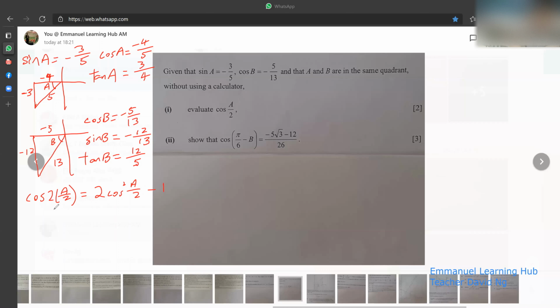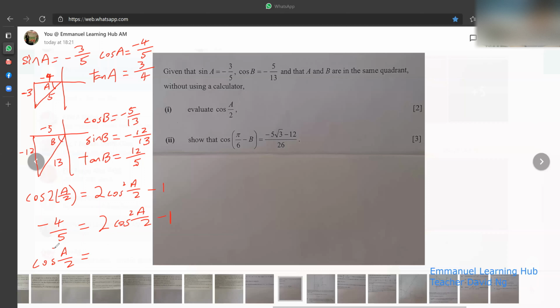This is your cosine A, so cosine A is -4/5, equal to 2 cos squared half A minus 1. So you rearrange and make cos squared half A the subject.